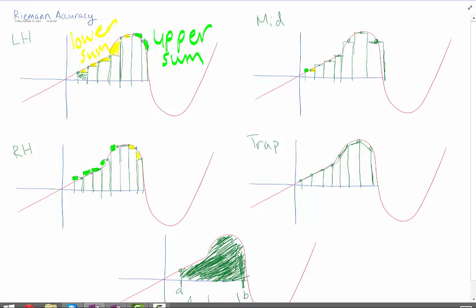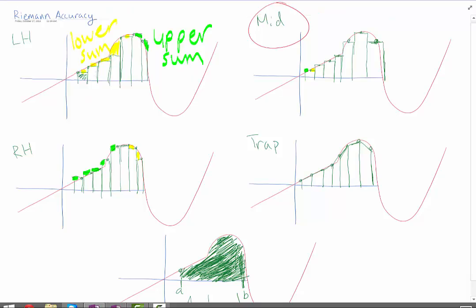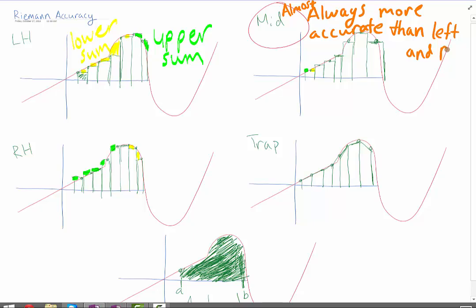So this midpoint is almost always, there are a couple exceptions, but we don't really run into them, more accurate than our left and our right Riemann sums, because it does both over and under approximate.